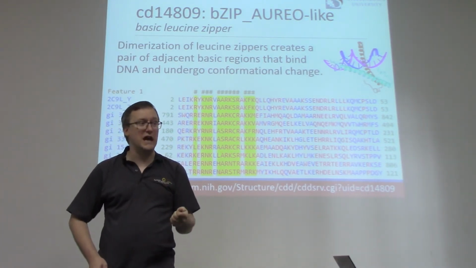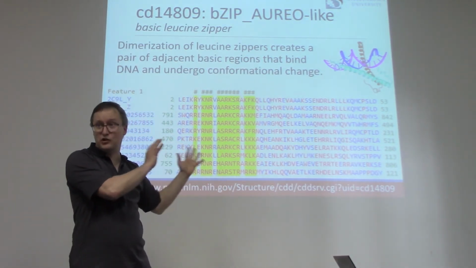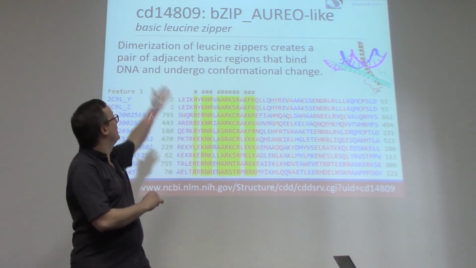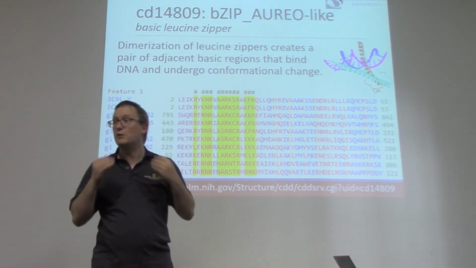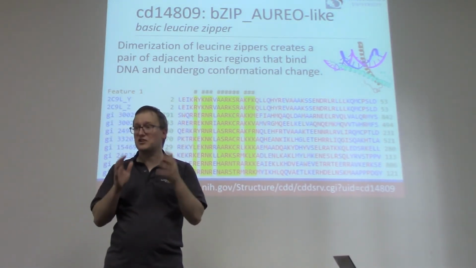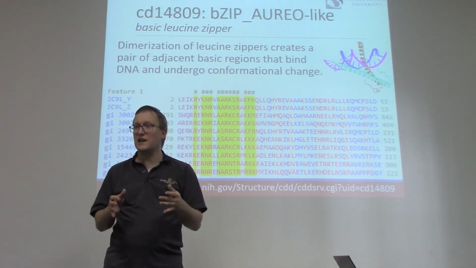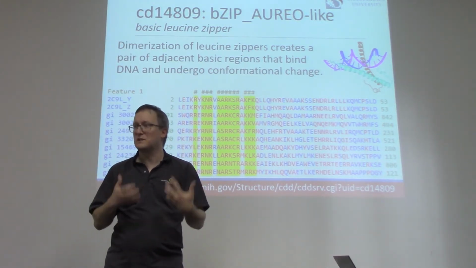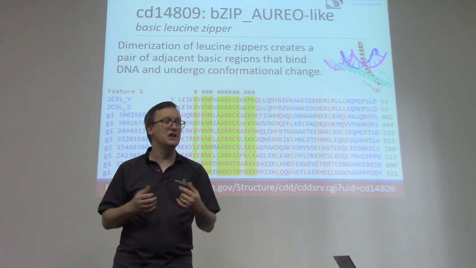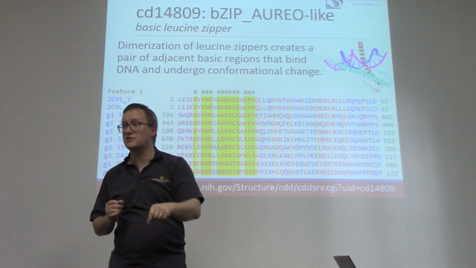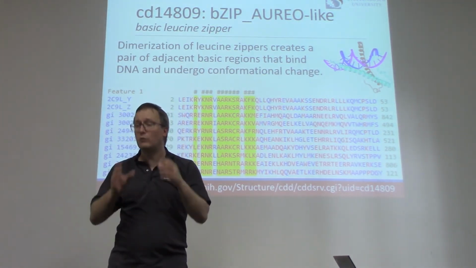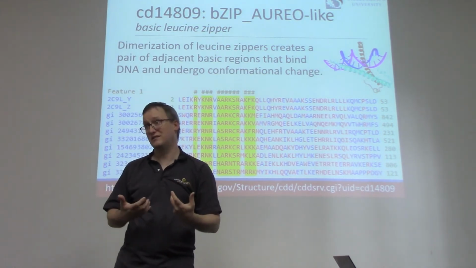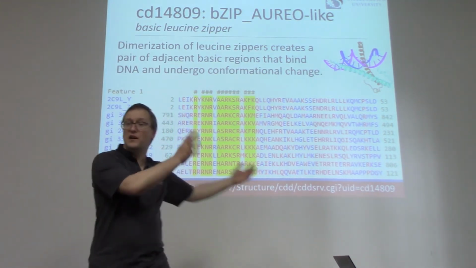The value for that is that once you've established a signature for what this looks like, a sequence motif that matches this structure, you can express it as a PSSM, a position-specific scoring matrix, so that you can score new proteins that come down the pipe to evaluate whether they contain this structure or not.